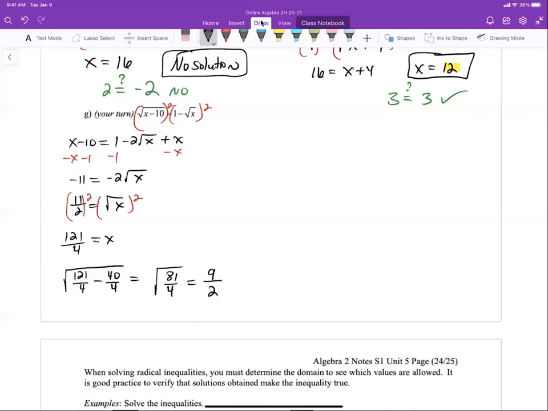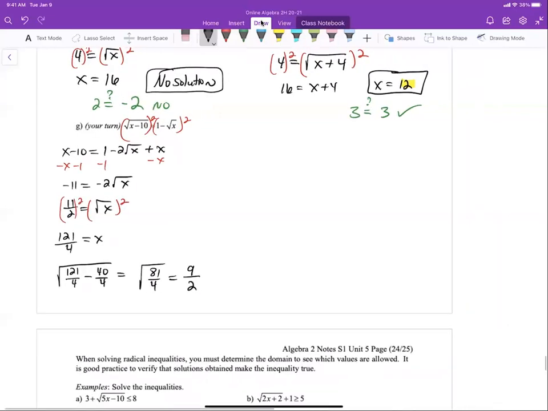And then on the right-hand side, I again plug that in for x, and I get the square root of 121 over 4. So that will give me 1 minus 11 over 2, which is the same as 2 over 2 minus 11 over 2, which gives me negative 9 over 2. And so we find that 9 over 2 does not equal negative 9 over 2.